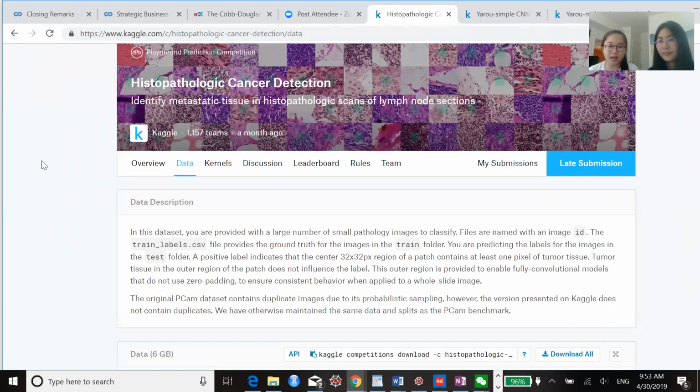But our data set is 96 by 96 pixels, and tumor tissues might only be present in the center pixels, and might be near a really larger object, so the target is kind of obscure. So we proposed a slight twist to the classic and traditional convolutional neural network structure. We propose a multi-scale approach to this problem.